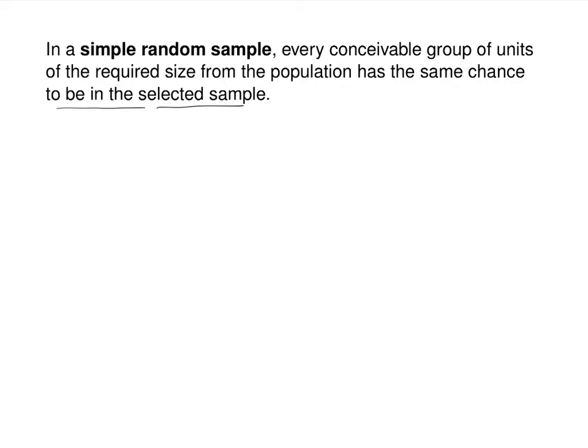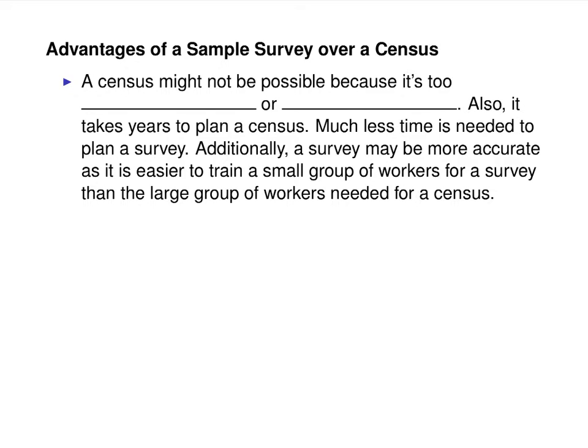And what are some advantages of a survey over a census? Probably a smaller group. Yeah, it's a smaller group, so I think a census might not be possible because it's too expensive, right? It costs a lot of money to train all those people and pay all those people, or too complicated. Do you agree with that? Like having to count every single person, you're probably liable to actually miss somebody.